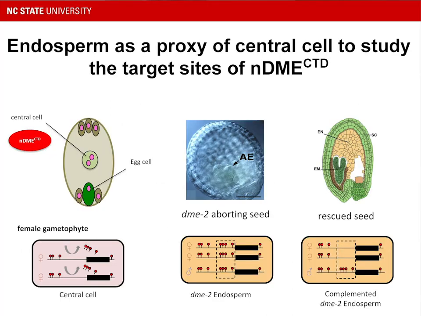Okay, so next we want to know what else it does in the central cell. Again, we take advantage of the endosperm as a proxy. We can compare mutant endosperm, where in theory the target demethylation doesn't occur, and then look at the rescue endosperm to see what happened to the methylation status.